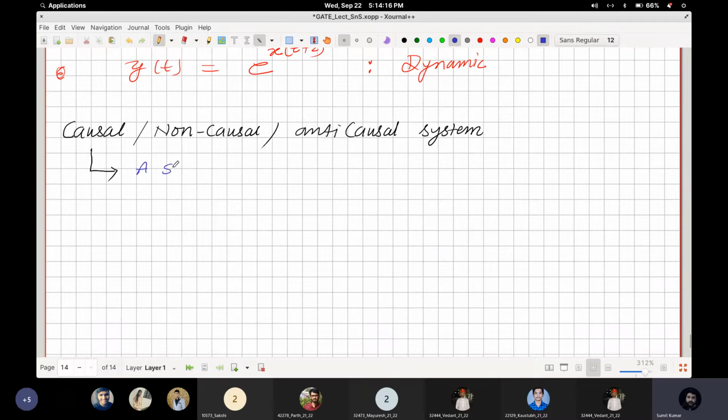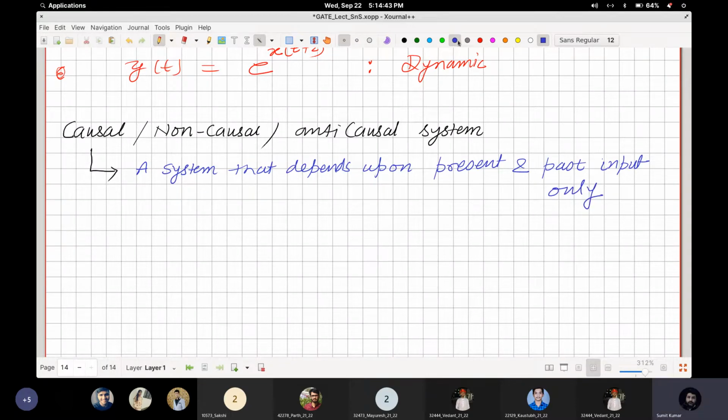So let's see the definition of this causal system. A system that depends upon present and past input only.